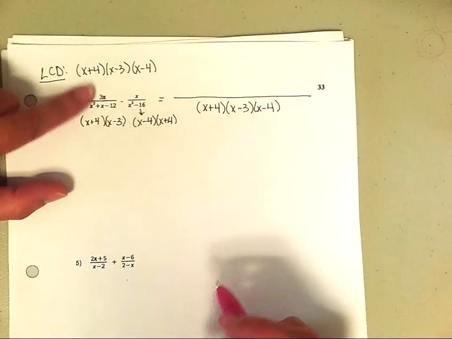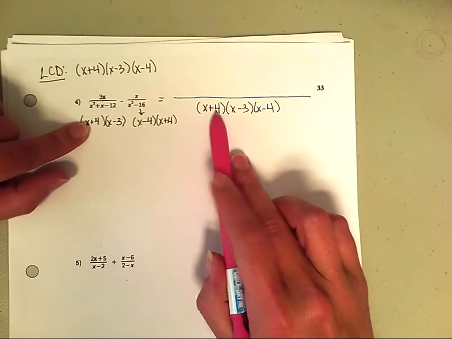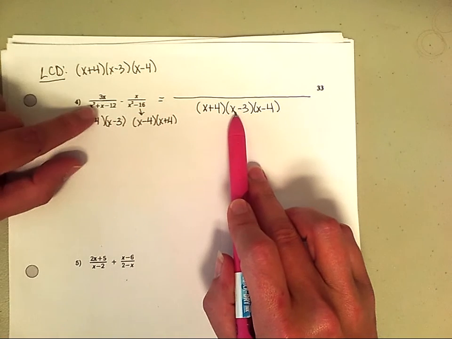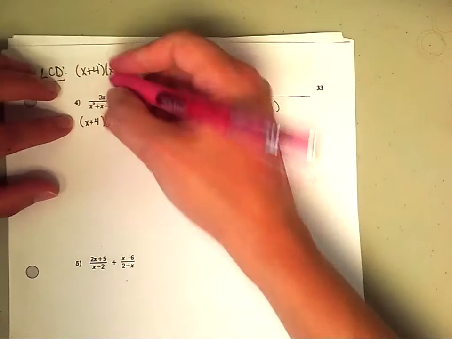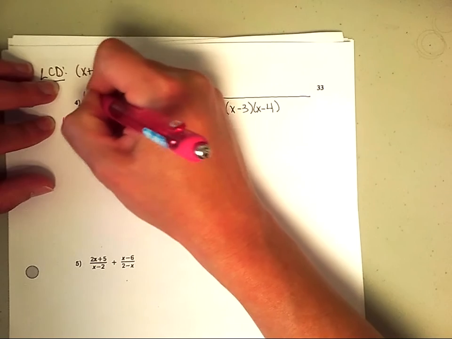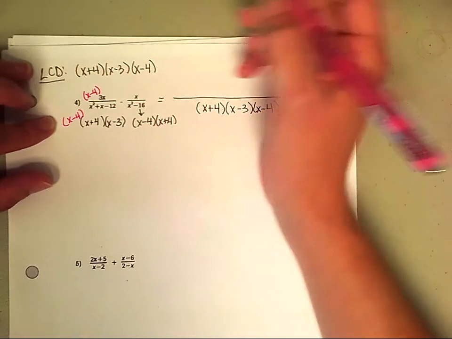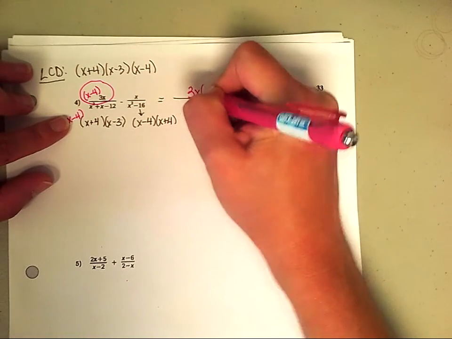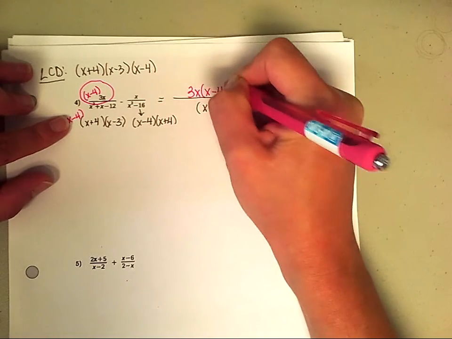Then we have to adjust our fractions so that they have this denominator. So the x plus 4 and x minus 3 is already present here. So we just need to multiply by x minus 4 and x minus 4. Okay. So our new numerator looks like 3x times x minus 4.